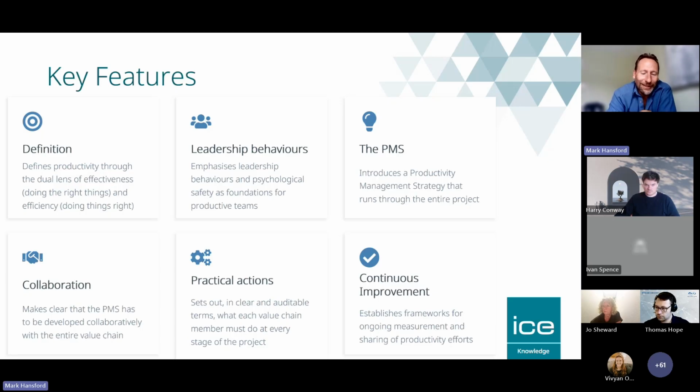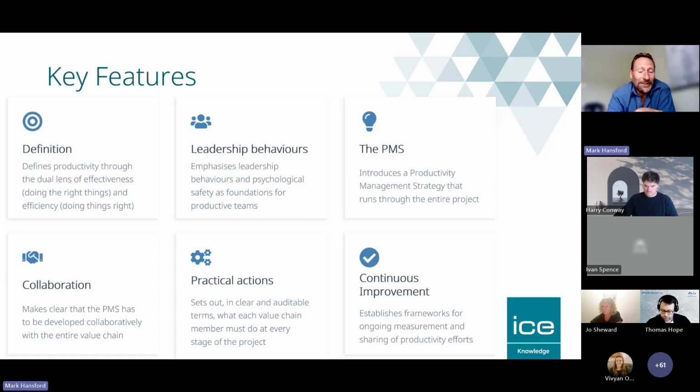What it does do, first and foremost, I think it does several quite important things. First and foremost, it clearly identifies what we actually mean by productivity. As we all know, this has been talked about for a long time. There are very many different definitions of productivity. So PAS 4010 defines improving productivity as improving the effectiveness and efficiency at every stage of the project life cycle.